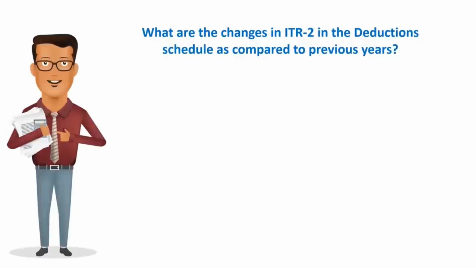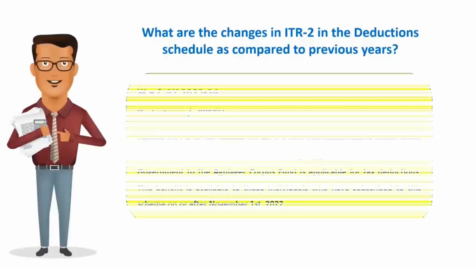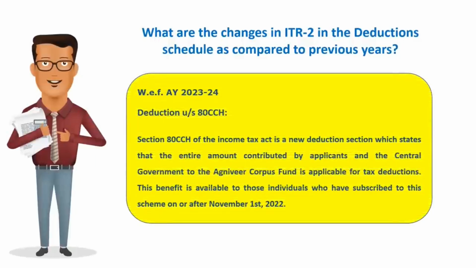Let us now see what are the changes in ITR 2 in the deduction schedule as compared to the previous year. With effect from assessment year 23-24, deduction under section 80CCH has been added. The entire amount contributed by the applicant and the central government to the Agniveer Corpus Fund is applicable for tax deduction under section 80CCH.